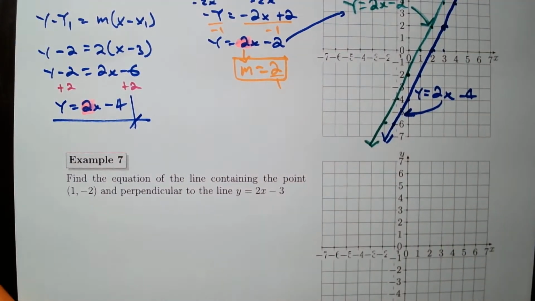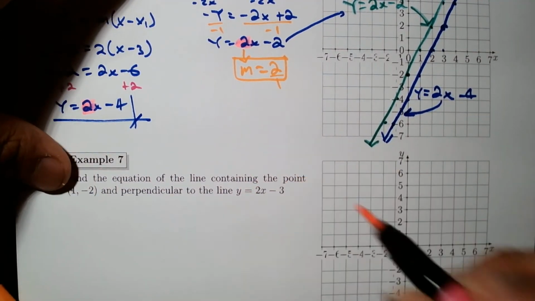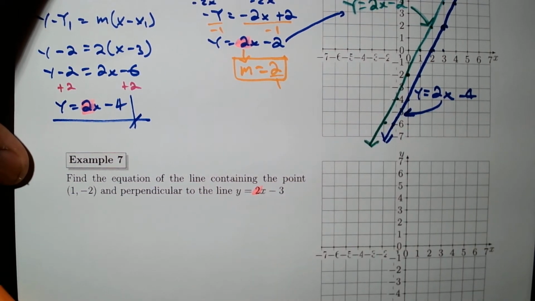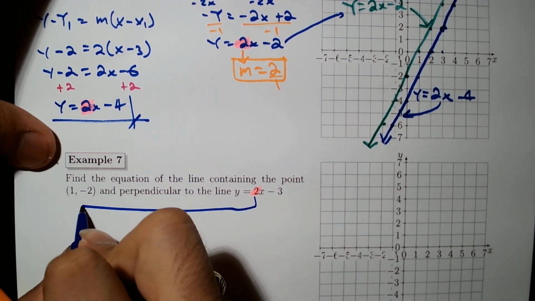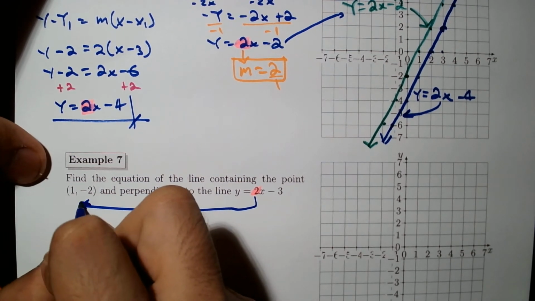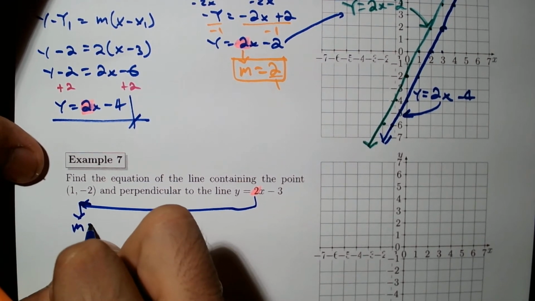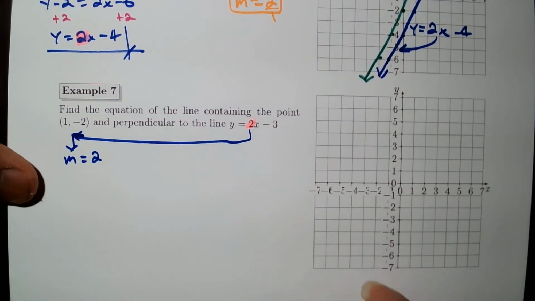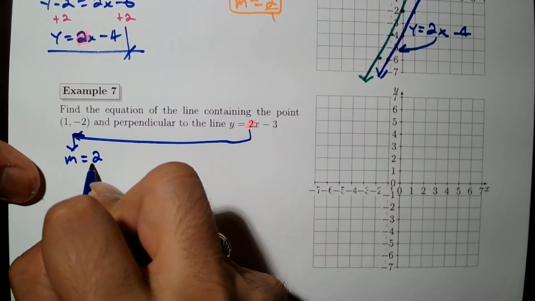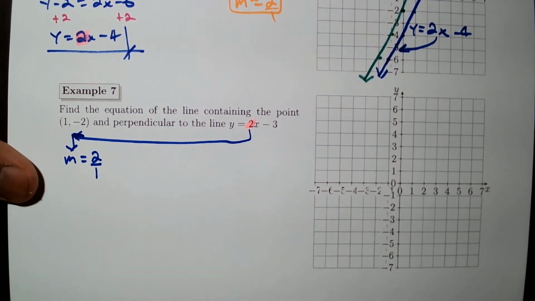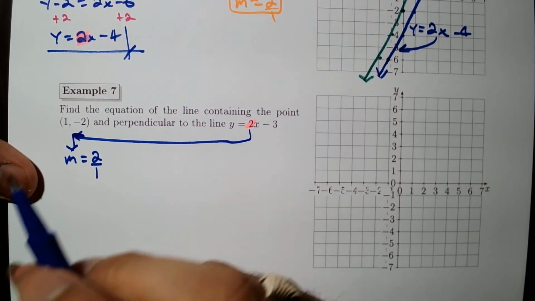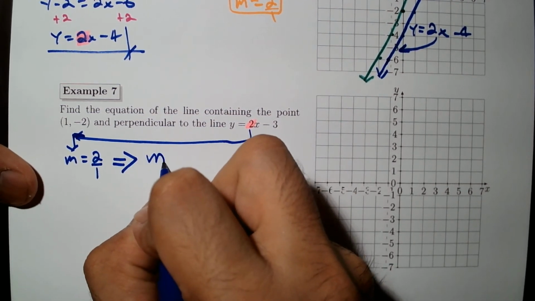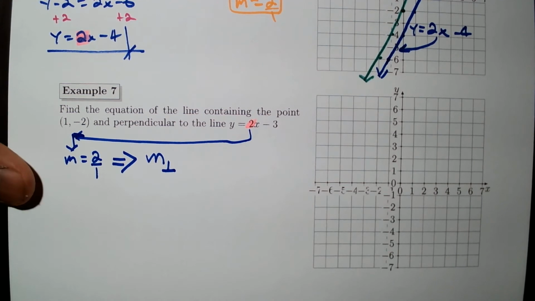So in this case, from the highlight here, m equals 2, which is the same as saying m equals 2 divided by 1. The reason why I'm writing this invisible 1 is because I'm going to find the slope of the perpendicular line.